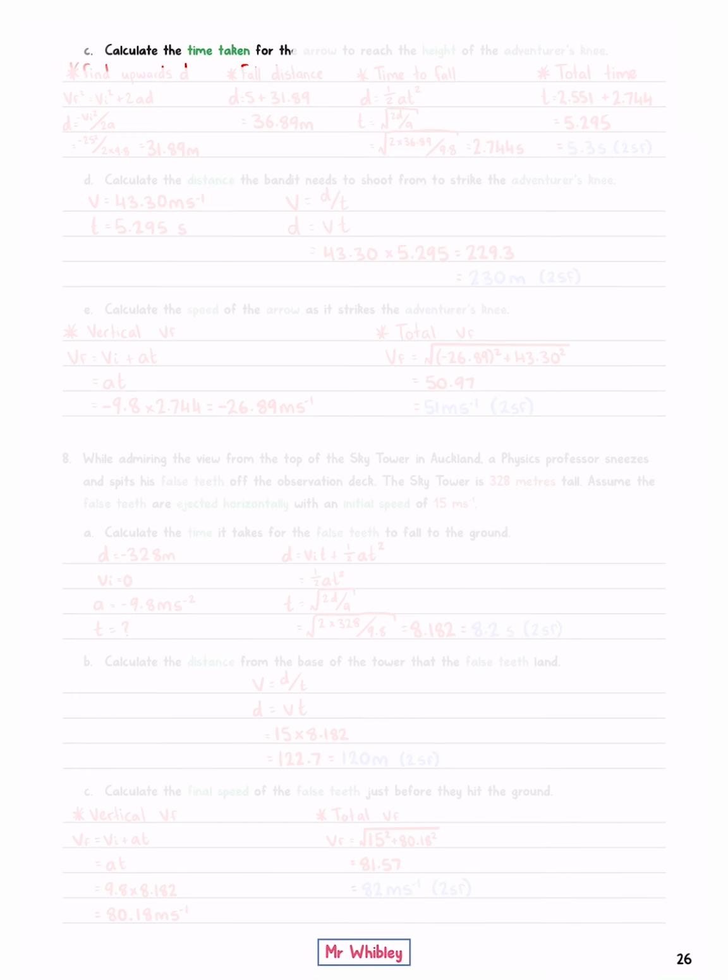Calculate the time taken for the arrow to reach the height of the adventurer's knee. And so we just found the time for it to reach its maximum height, but now we need to find the time for it to fall. To do this, we can find its upwards distance, and then add on the 5 meters it is above the adventurer's knee. We'll then use a kinematic equation to find the time, and then add on the time it took to reach the maximum height.